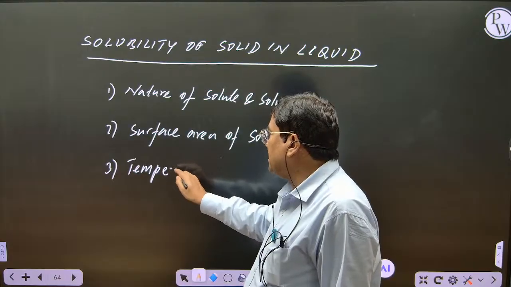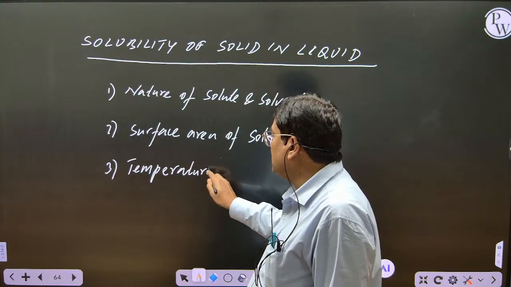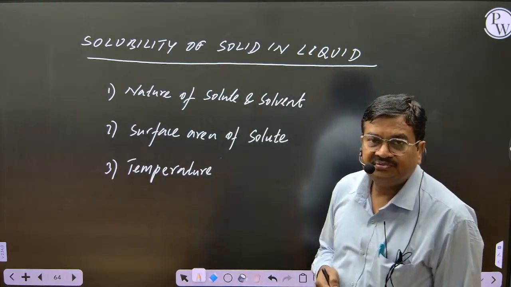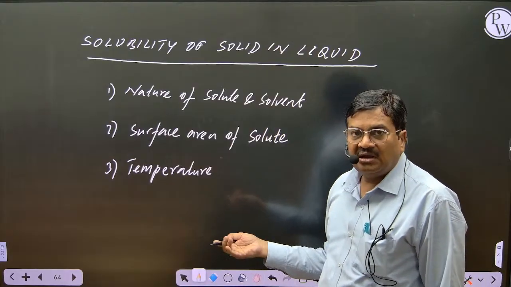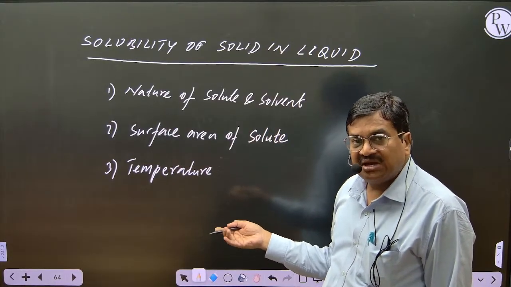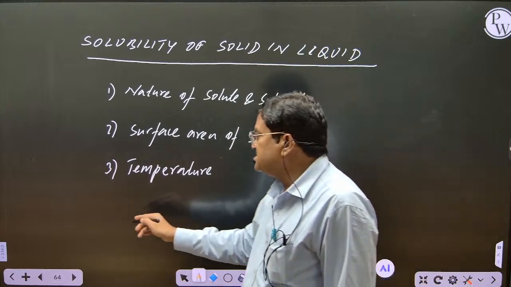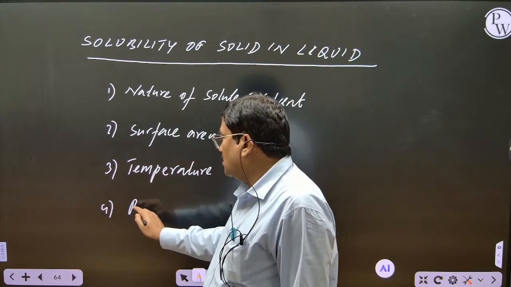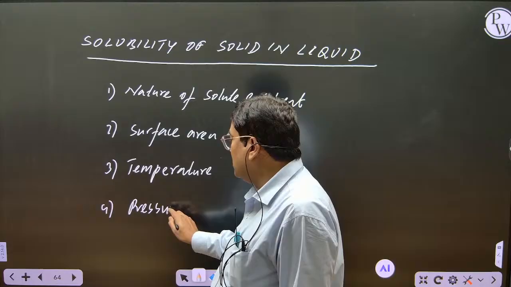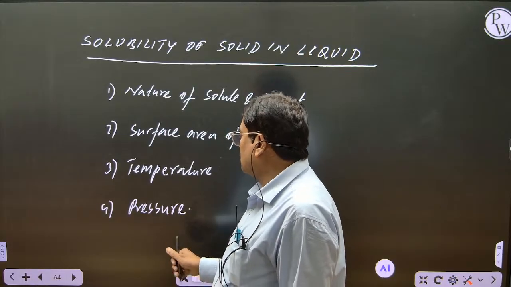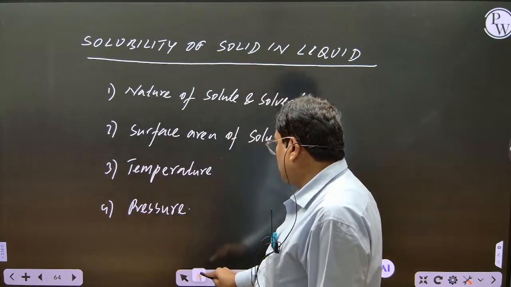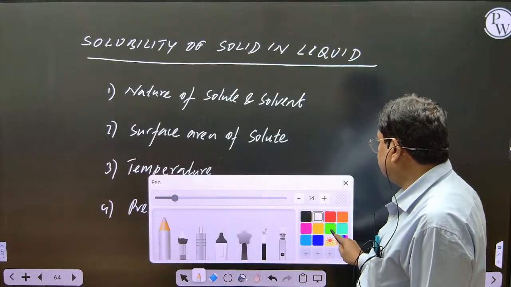See here, temperature will have influence on solubility of solid in liquid. The fourth factor actually doesn't have any influence, but even then we are writing effect of pressure. How pressure will have influence on solubility. So copy this. These are the four factors which influence solubility.